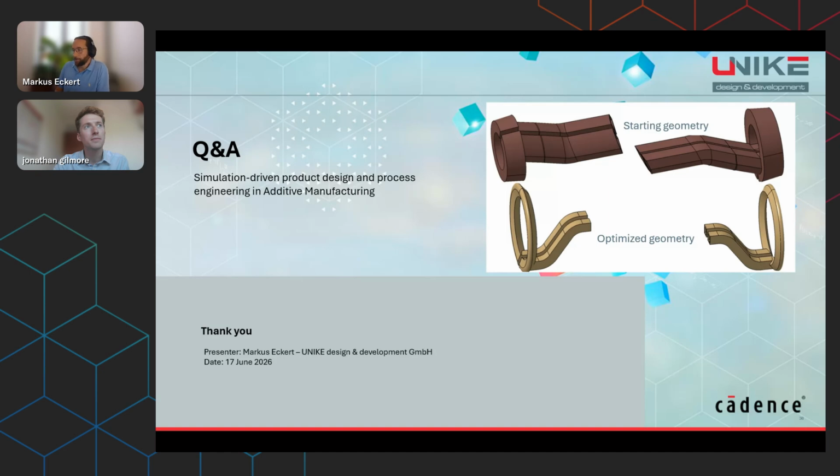Yes, it's crucial. It starts with the material data, of course. Otherwise, you're not able to predict the hardening depth, for example. Therefore, really crucial parts are the TTT or phase transformation diagrams.